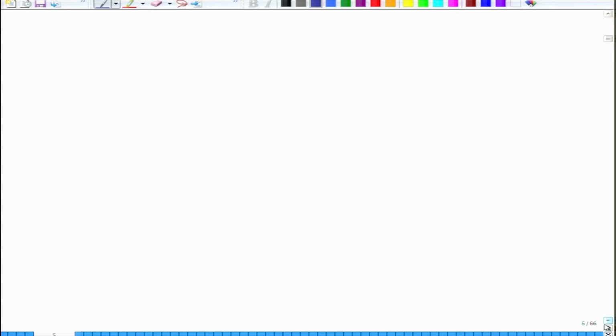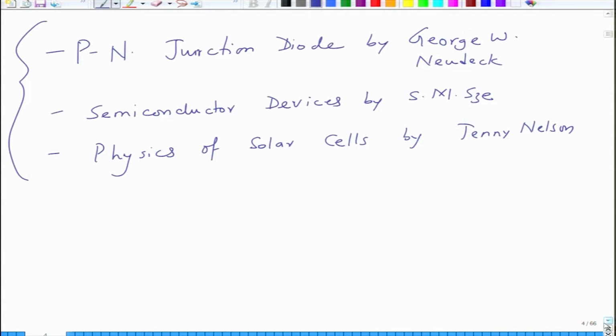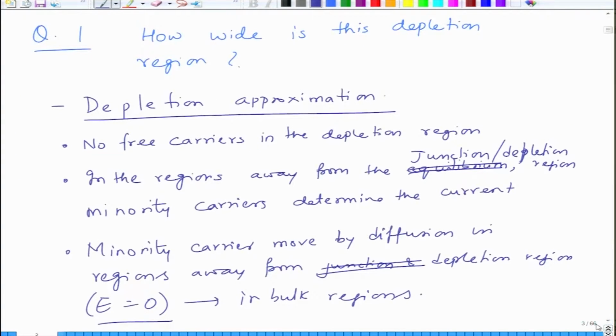So let me now go back to where we were. The first approximation is the depletion approximation, which says, as we saw in the previous slide, that there are no free carriers in the depletion region. In the regions away from the depletion region, minority carriers determine the current, and they move by diffusion where the electric field is equal to 0.